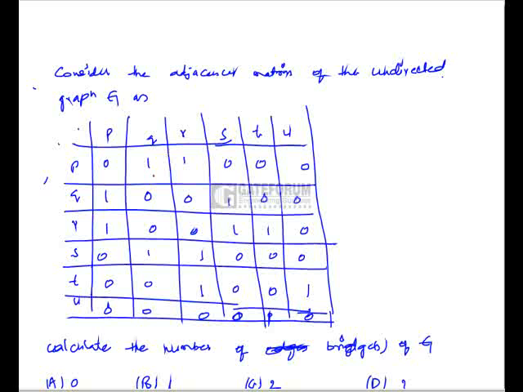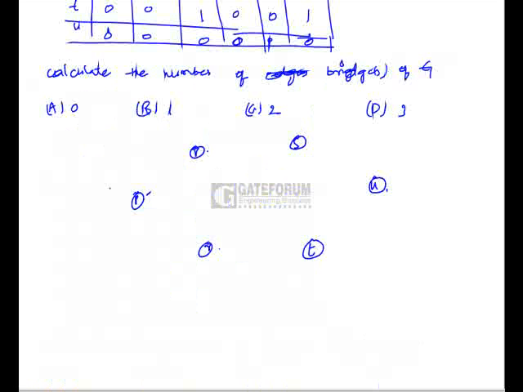Here 1 is present in row P upon column Q. That means there is an edge between the vertices P and Q. 0 means there is no edge between those particular vertices. So let us draw an edge between P and Q.